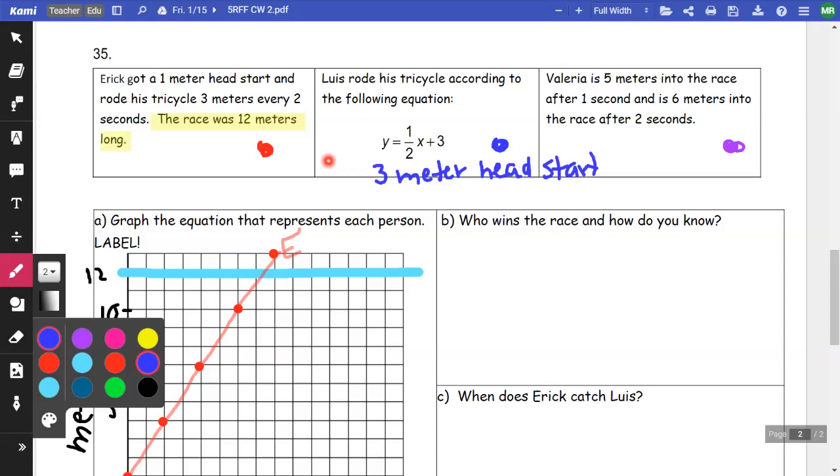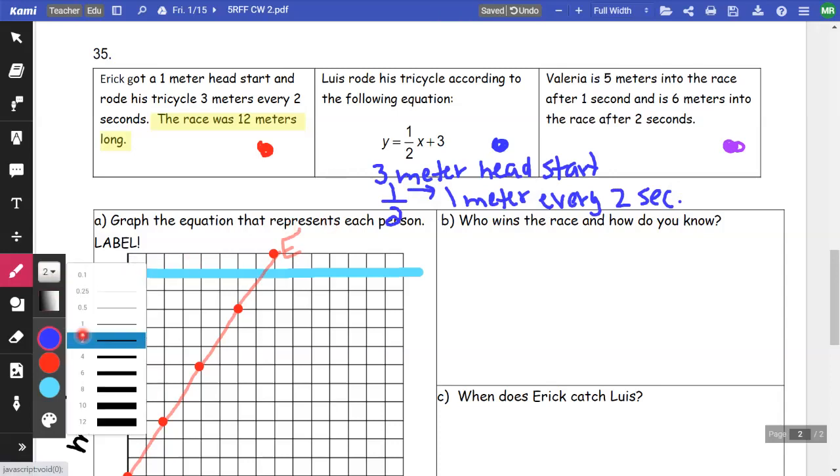And the 1/2 is 1 meter every 2 seconds. That's what that means.